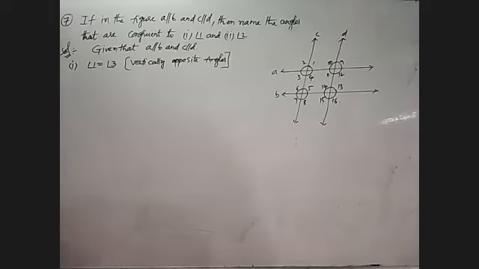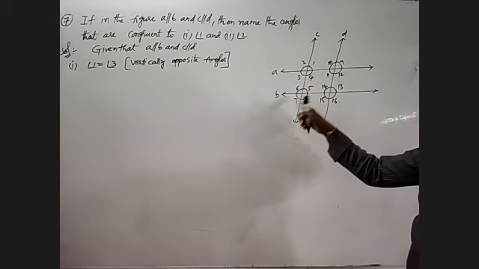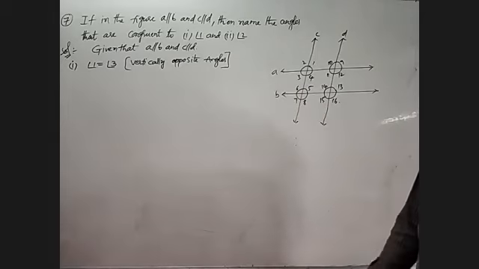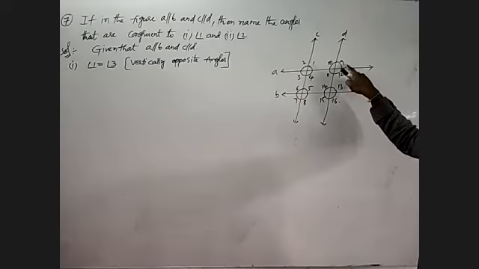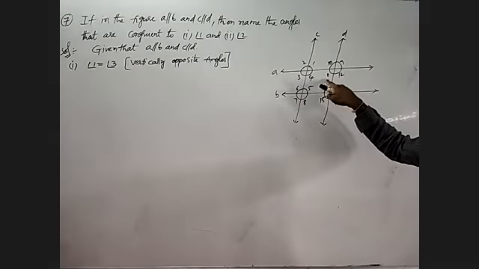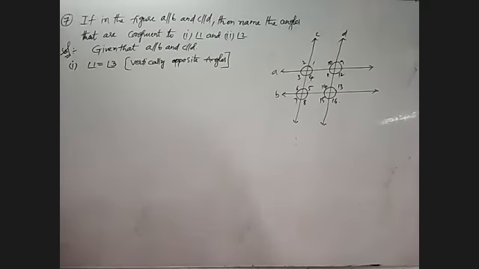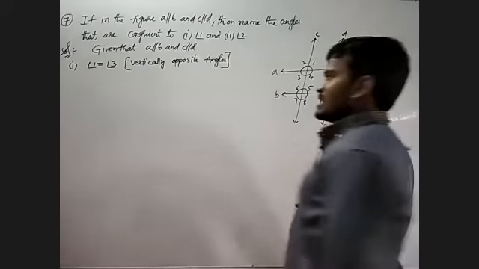Similarly, angle 5 is equal to angle 7. That is also vertically opposite angles. After that, angle 9 is equal to angle 11. This is also vertically opposite angles. After that, angle 13 is equal to angle 15. These are also vertically opposite angles.